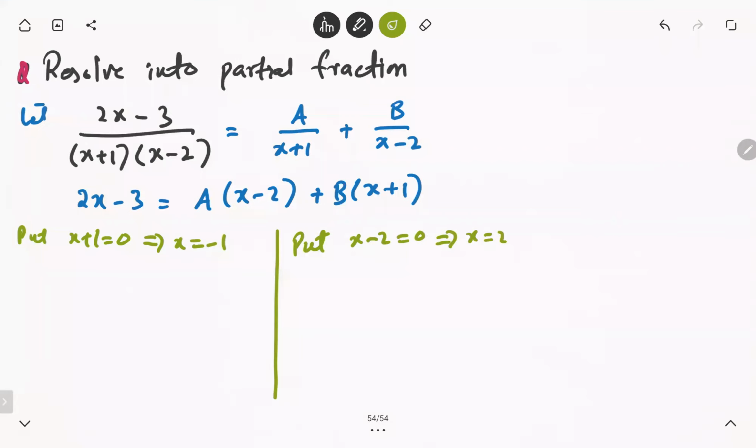So if you use x is equal to -1, you will get the value of a. What is that value? 5/3. So Temur is saying 5/3. And what is b? 1/3. How to write the answer now?